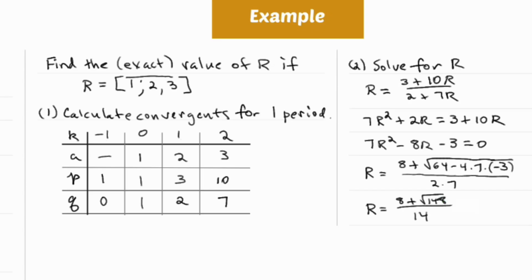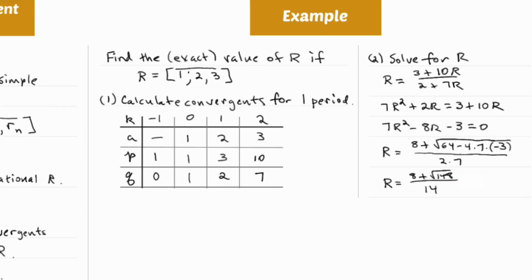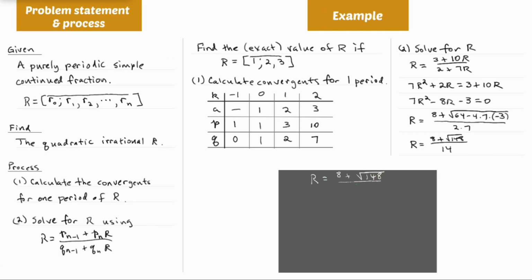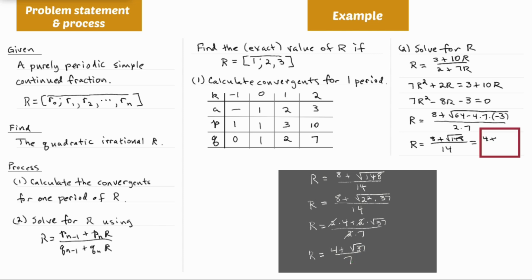We could stop here, but we can also simplify a bit. 148 is 4 times 37, and 4 is 2 squared. So we can pull a 2 out of the radical and factor a 2 out of the numerator and the denominator. This leaves us with 4 plus the square root of 37, all over 7. We'll write that over here too. It's the final solution. This purely periodic simple continued fraction equals this: 4 plus the square root of 37 over 7.